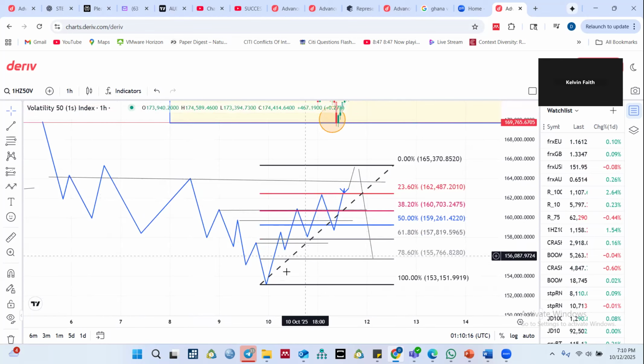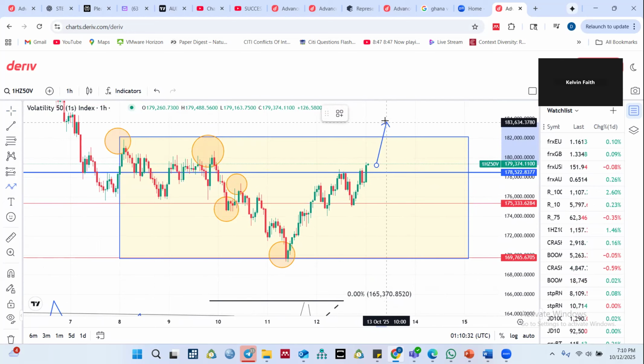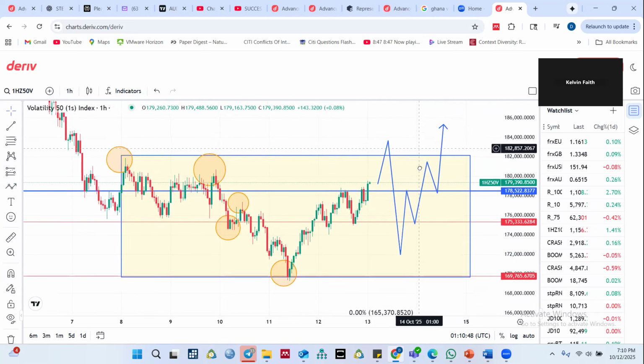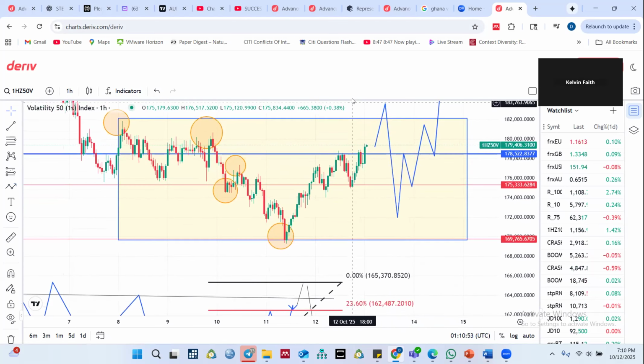And then as long as price does not come down to take this low out, or does not constantly stay below the blue line and the red line, if we are to go above here and drop here and still find a way to go above here like this, then we are going to have a bullish market.